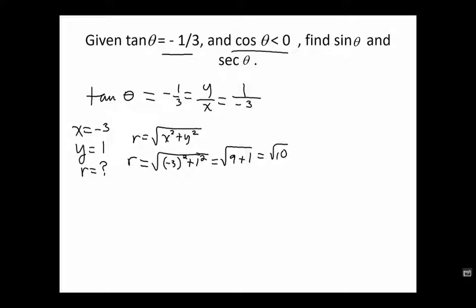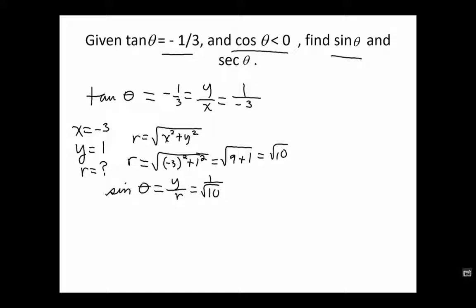Now that we know x, y, and r, we can now find the sine of theta. The sine of theta is defined to be y divided by r. Y is 1, r is the square root of 10.